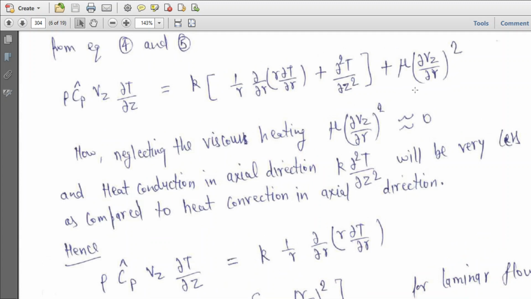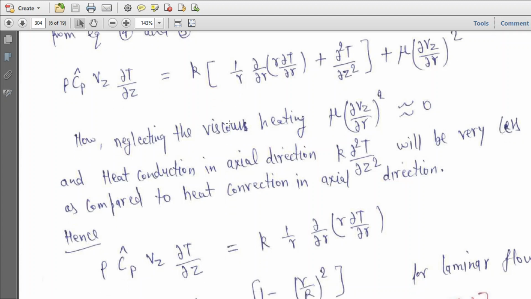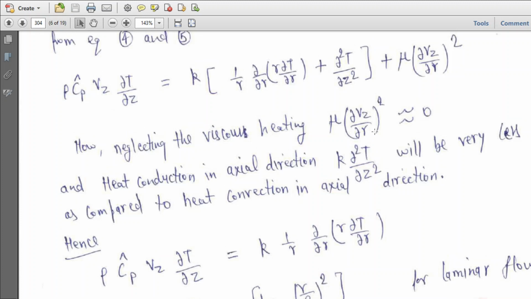So now we are putting a further constraint here: neglecting the viscous heating. If we neglect viscous heating, this term, mu (del Vz upon del R) squared, equal to 0, gets cancelled.